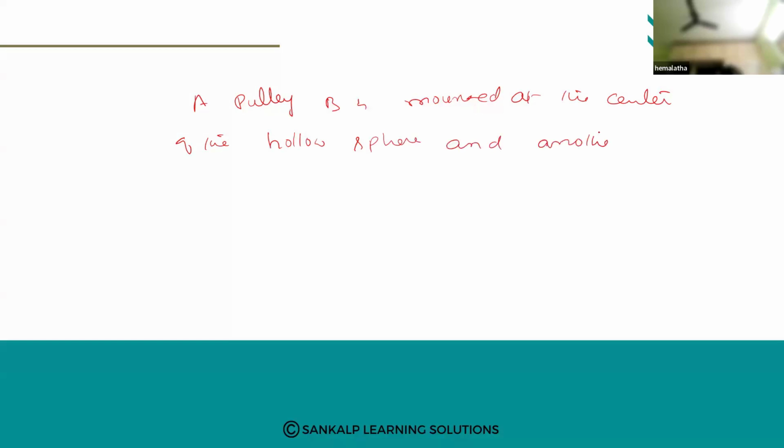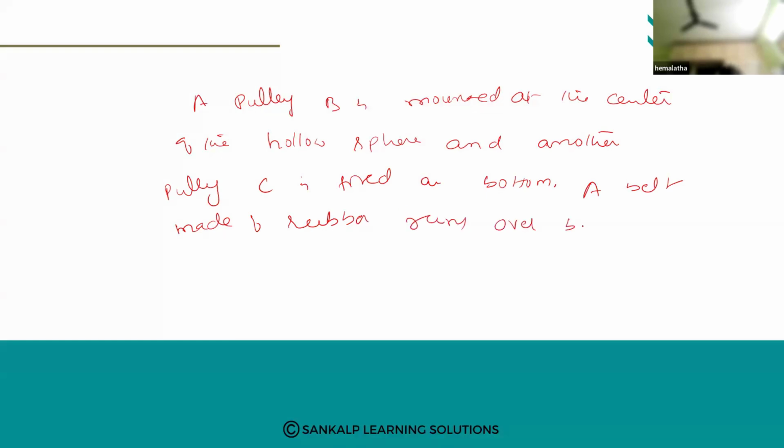Pulley B is mounted at the center of the hollow sphere, and another pulley C is fixed at the bottom. Why? The rubber belt has to run over them. A belt made up of rubber runs over both the pulleys.